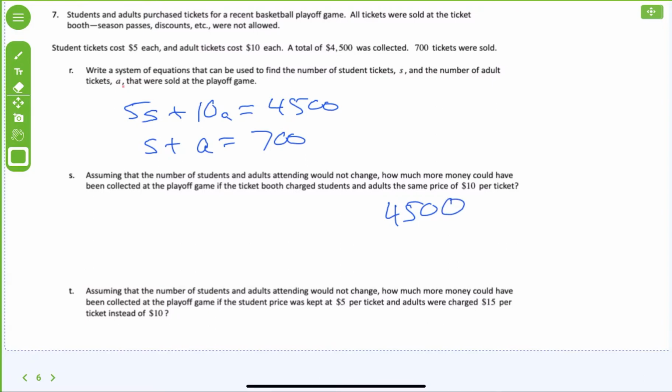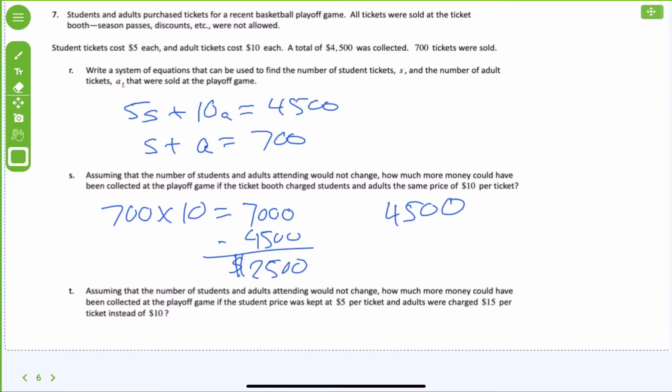But if they had sold every ticket for $10, how much would they have made? 700 times 10 is equal to 7,000. So we would say 7,000 minus 4,500 would be $2,500. So instead of giving the student discount, if they would have just sold everything for $10, they would have made an extra $2,500.